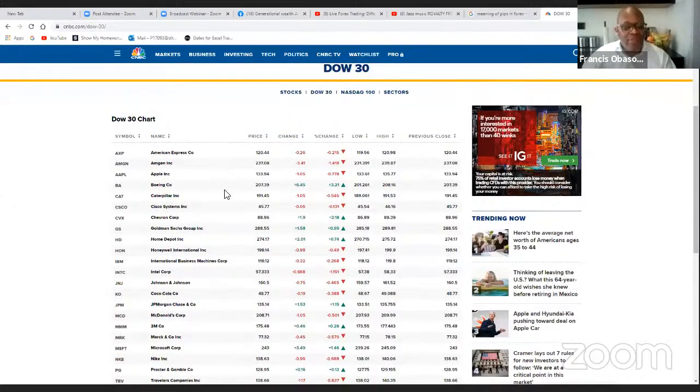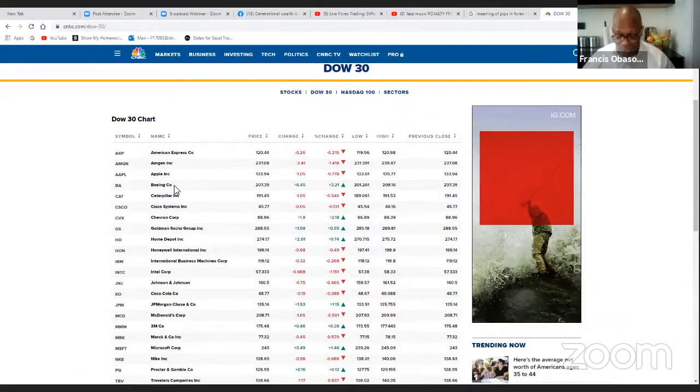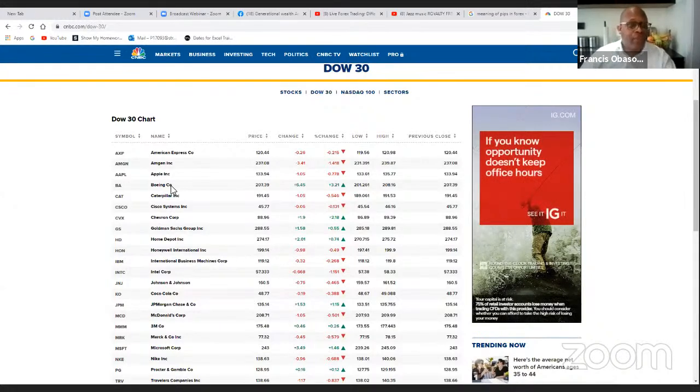When some of the big names begin to move, when their prices begin to move, it affects the way the Dow moves as well. So if you have a number of the big companies here, maybe you have their shares dropping, the Dow would obviously then begin to drop as well. So just to look at some of the companies here, we have Apple, some household names, especially for those who are in the States.